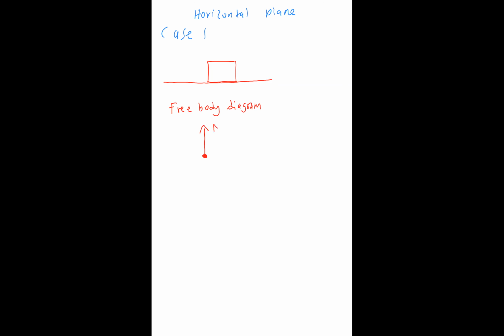This is the normal force, the force that acts perpendicularly. So it will act in this fashion. Let me draw it on the object here. So this is the force, normal force.